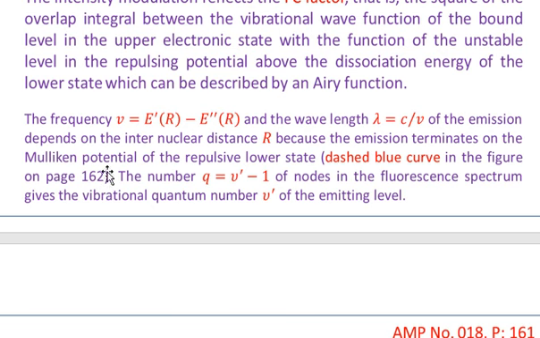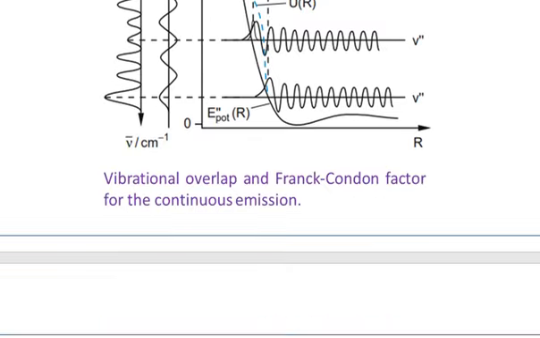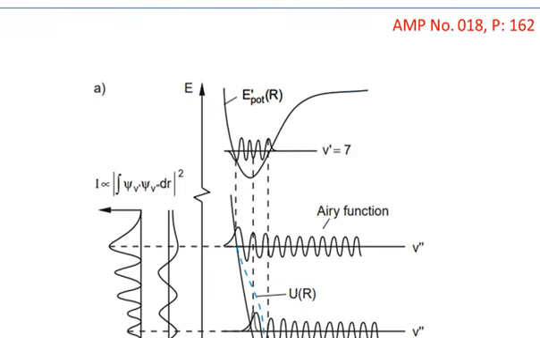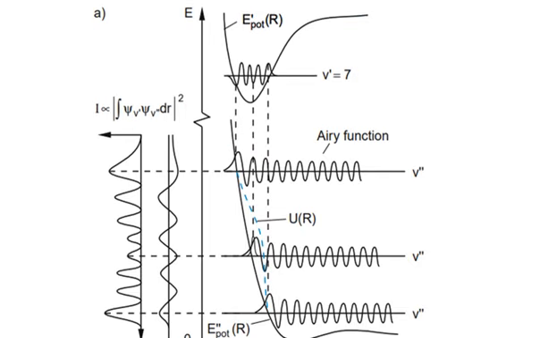So let me show you the Mulliken potential of the repulsive lower state represented by the dashed blue curve in the figure on page 162. And you can see here a blue curve. This blue curve is representing a potential U of R, that is the Mulliken potential.